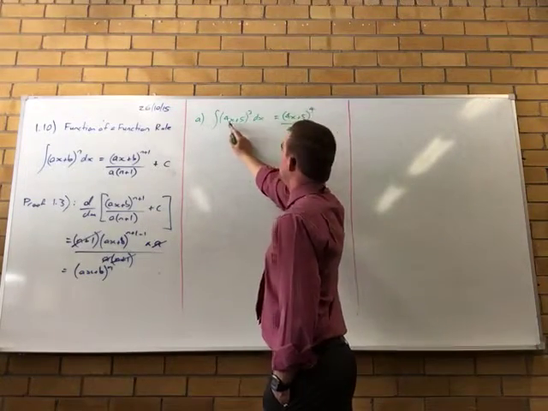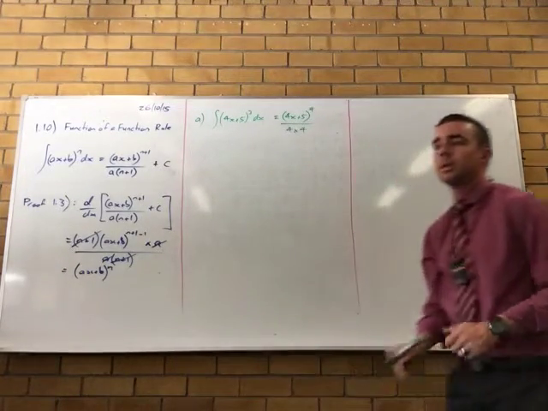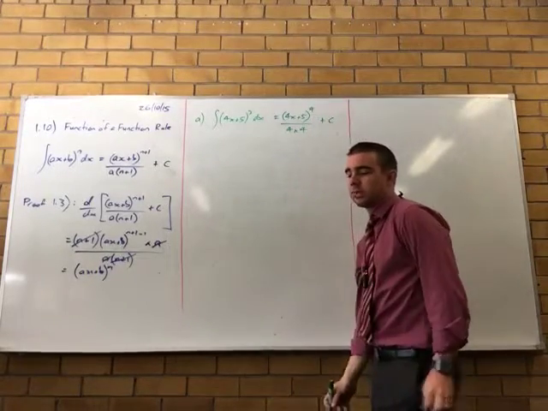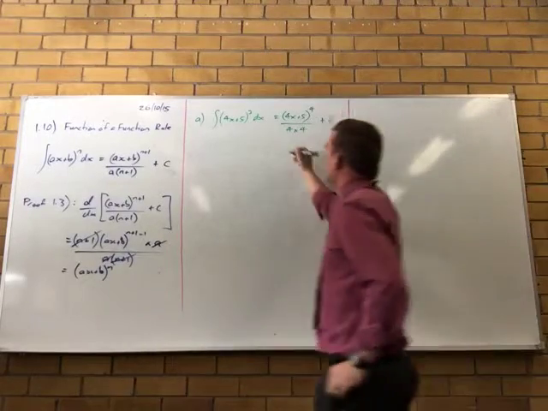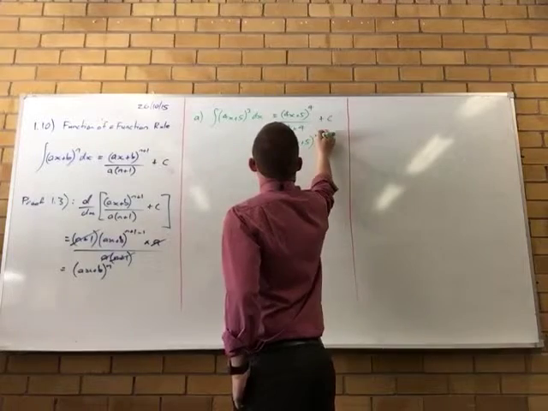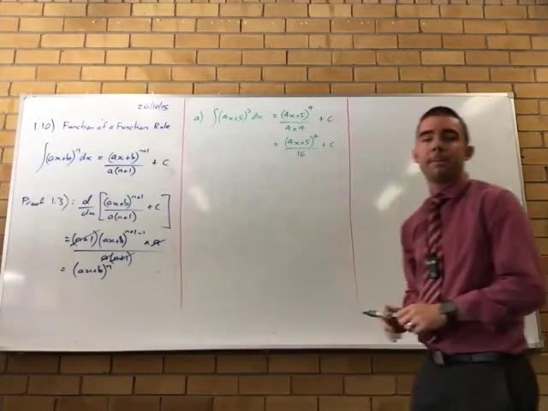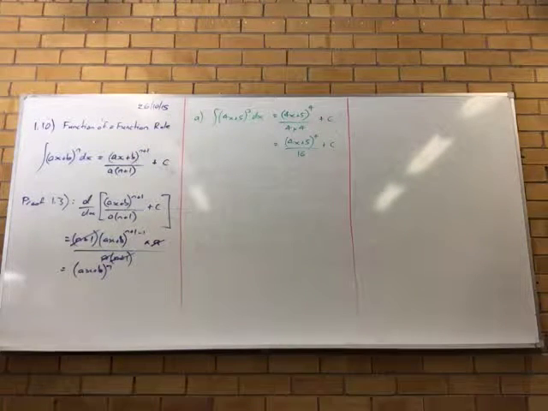The derivative is 4, coincidentally the same number this time, and don't forget your constant of integration. So (4x + 5) to the power of 4 over 16, plus c. And we can verify our solution by differentiating, and we should get that same answer.